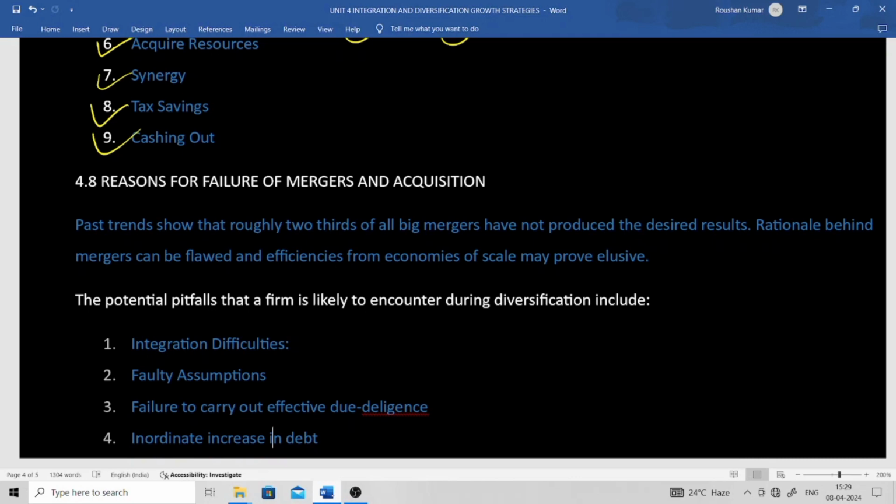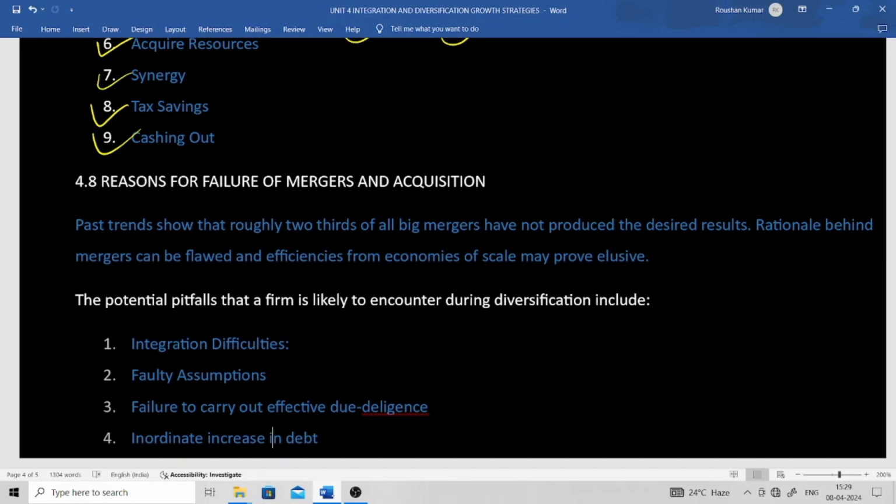It means the way we think that if we combine two organizations, then the output will increase as compared to what those two firms could produce individually or separately, that may be a flawed assumption.